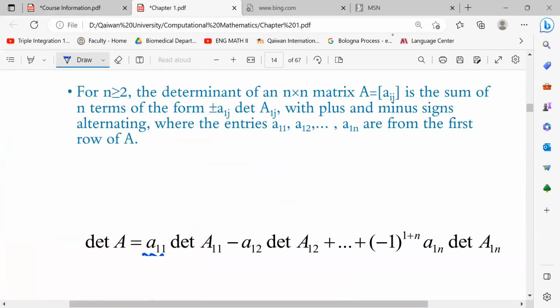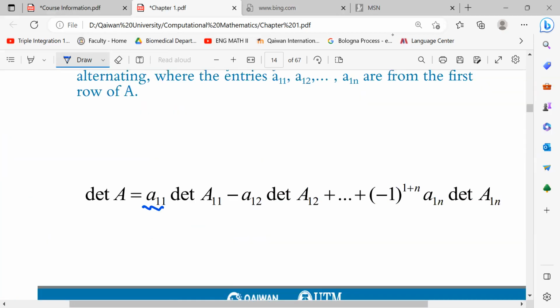We say the determinant of an n by n matrix is a11 times determinant of A11, minus a12 times determinant of A12, up to a1n times determinant of A1n. Here you can just take one row or one column.